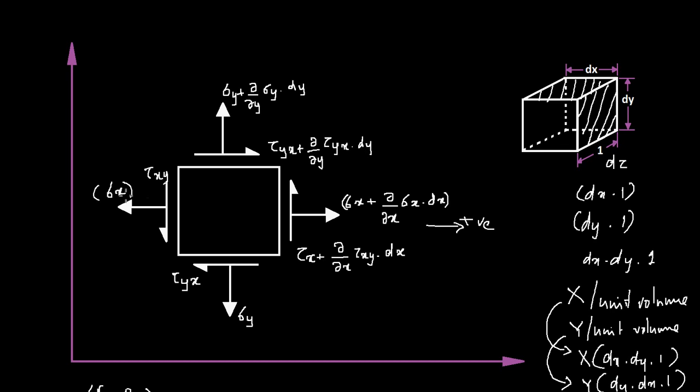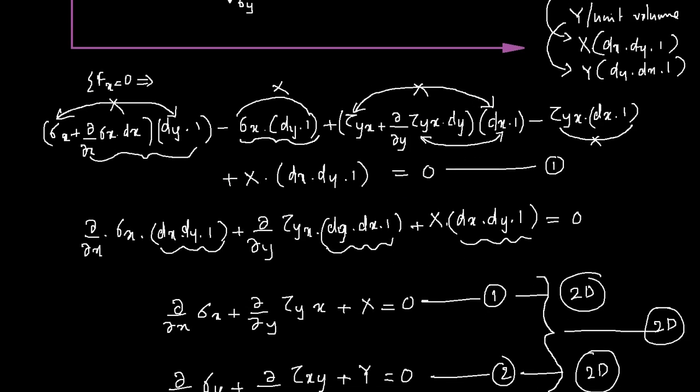So for force equilibrium, the forces corresponding to this stress and this one and this one and this one should sum to 0. And if you consider force equilibrium in the y direction, you should consider the forces corresponding to sigma y and this stress and this stress and also this stress, and the summation of all these forces should be equal to 0, and that's what we derived through this equation here.